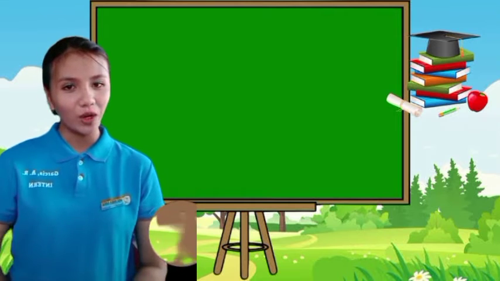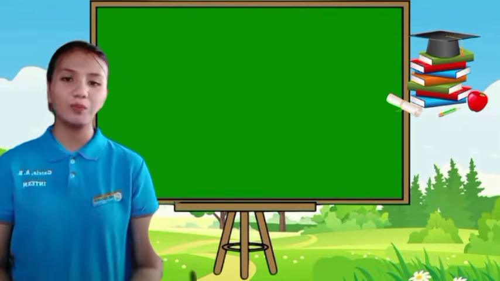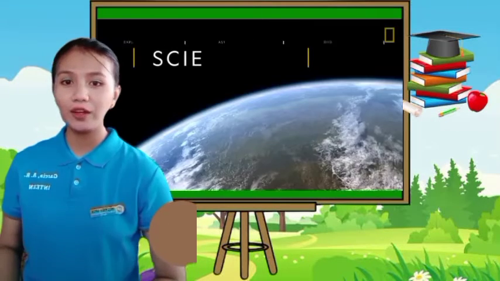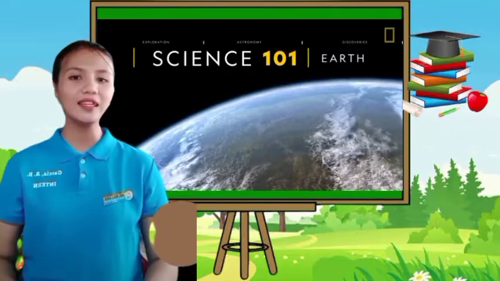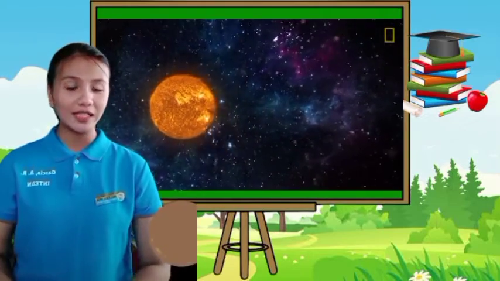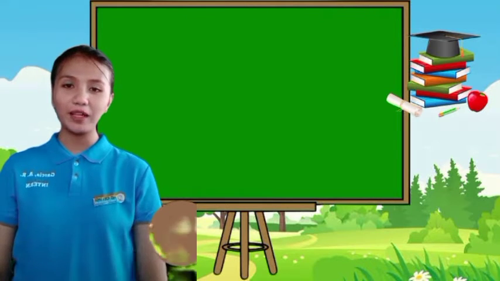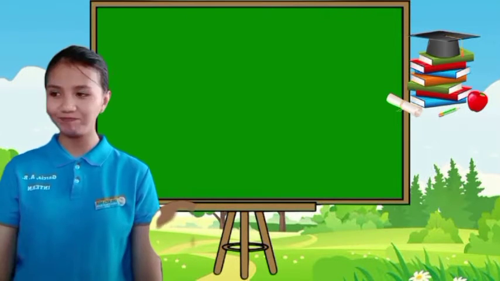Now class, what is the only planet that can support life? Very good. Earth is the fifth largest planet and it is the only planet in our solar system with liquid water on the surface. Earth is the only planet with living organisms. Now, let's go for the fourth planet from the Sun. It is?